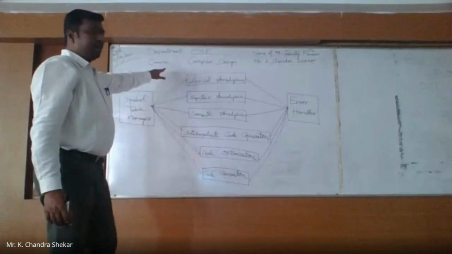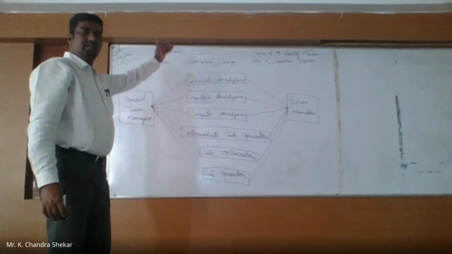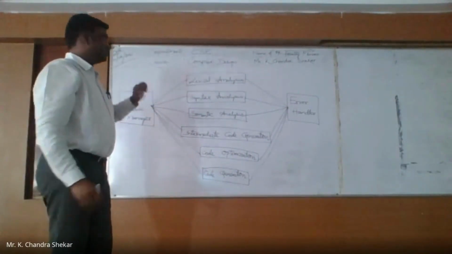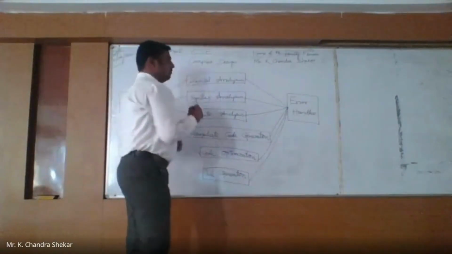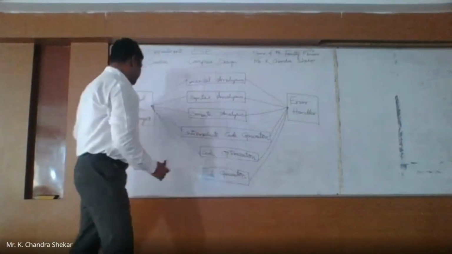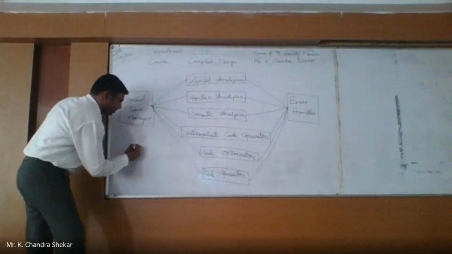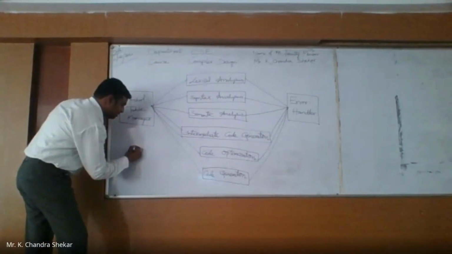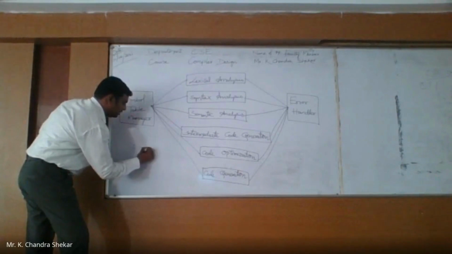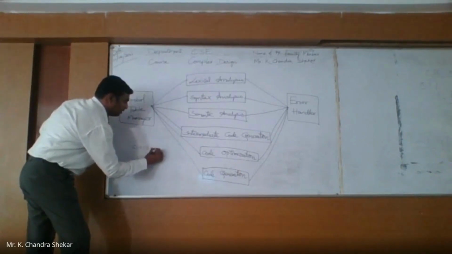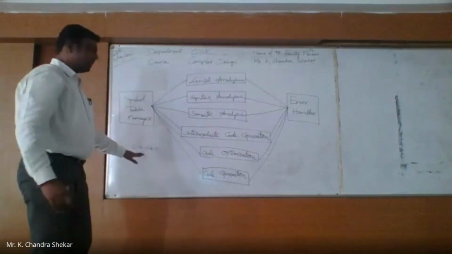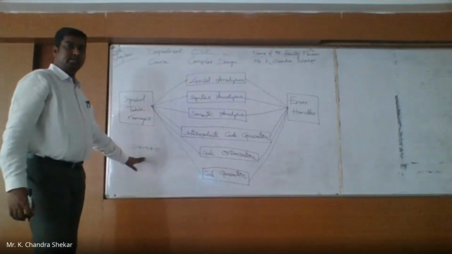So let us see how these phases work individually. Let us start giving the input. Basically, when you write a C program, say for example, let me give a simple statement like C equal to A plus B into 10. Let me take a simple C programming construct.